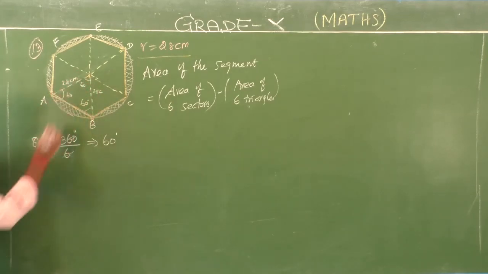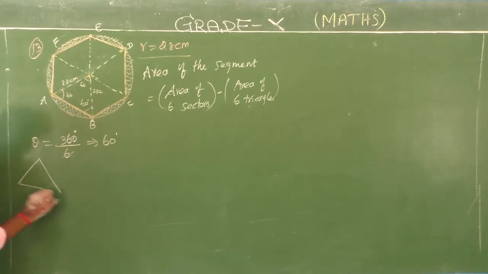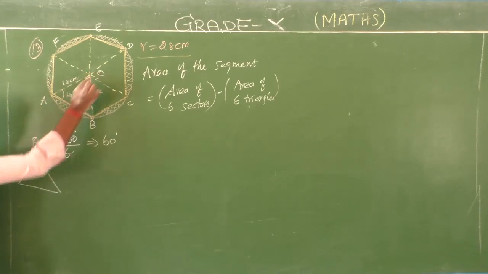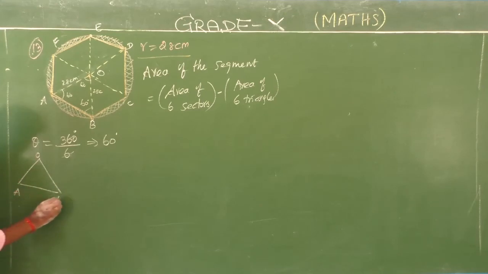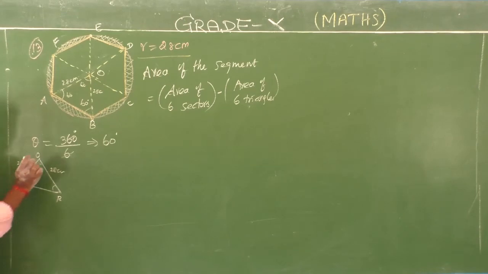I am going to consider this triangle O A B. First this one is 60, and the two radii are equal. When two sides are equal, the two angles opposite them are also equal.